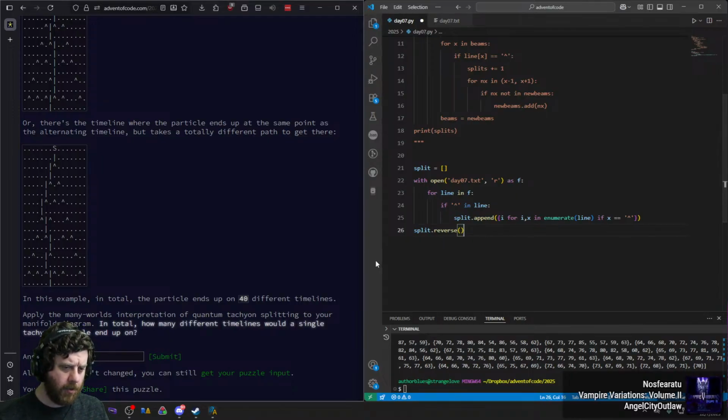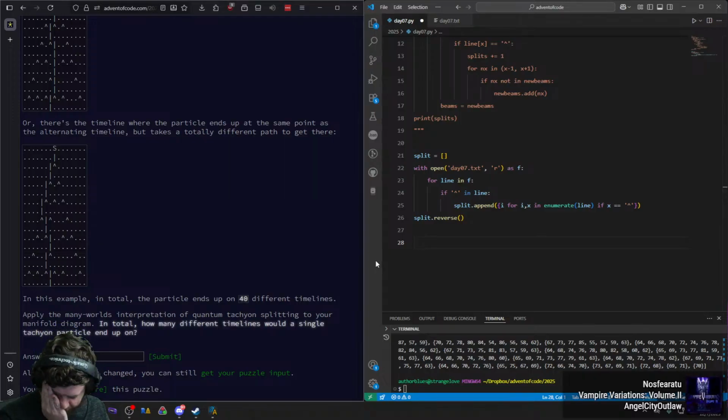And so now what I'm going to do is, from the bottom, each one of those represents 2 different paths. So the first thing I need to do is I need to make a path count dictionary.